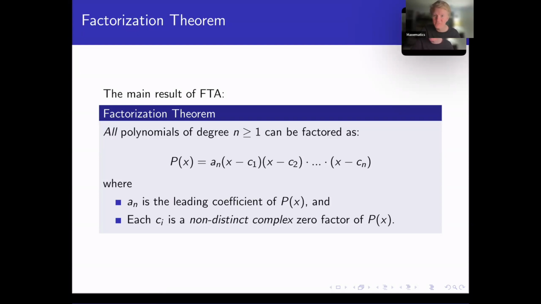Okay, that's really, really interesting. Every polynomial can be factored. Maybe the factors necessarily aren't super pretty, but it can be factored.